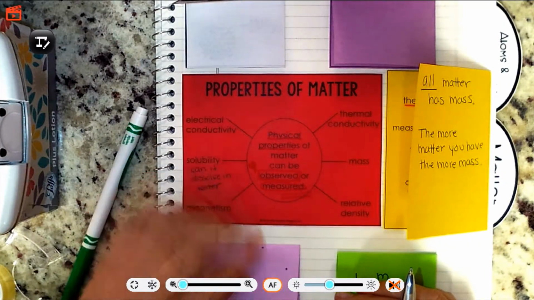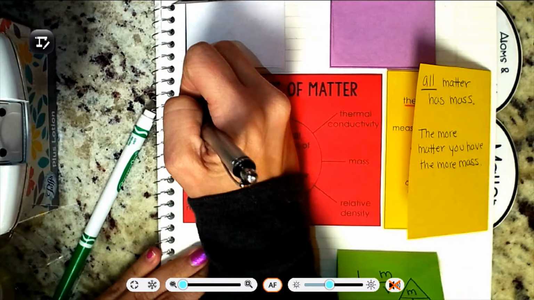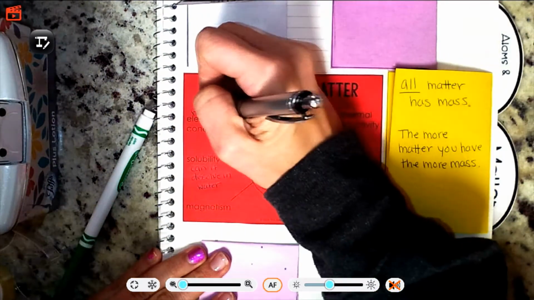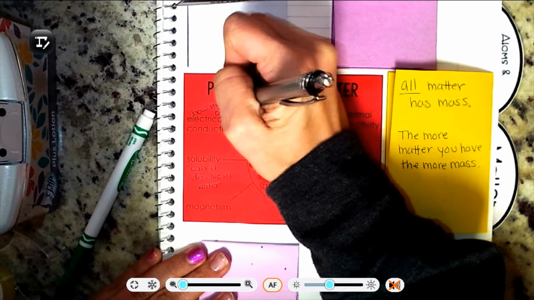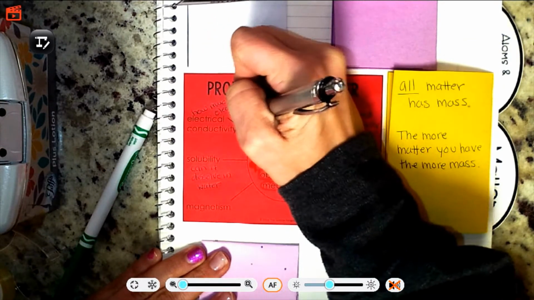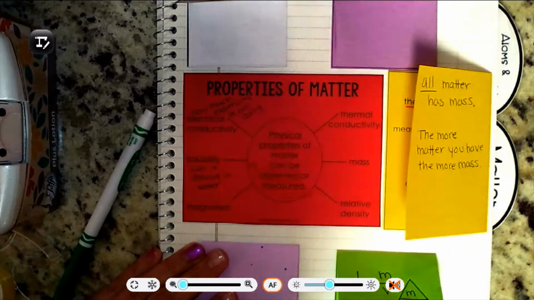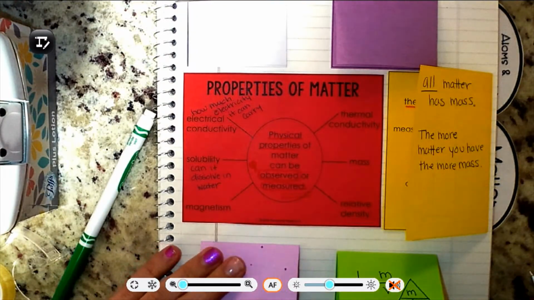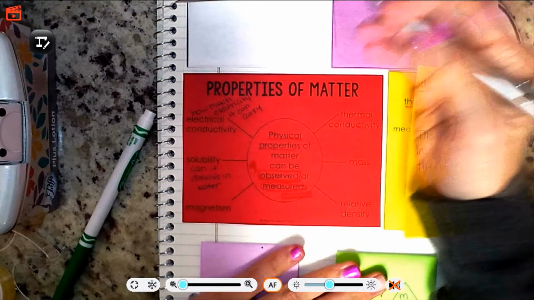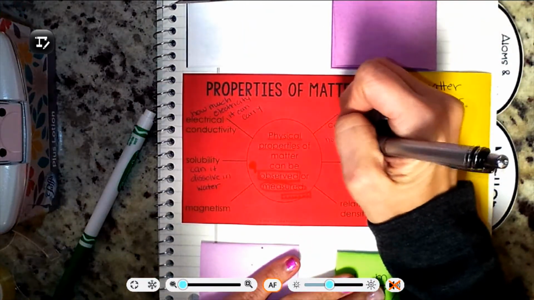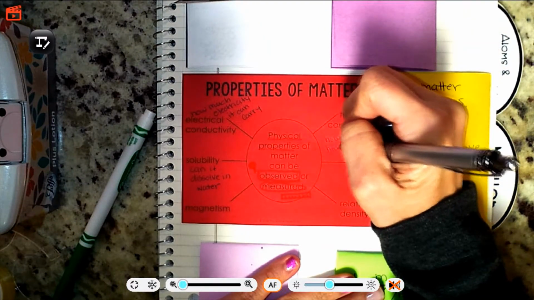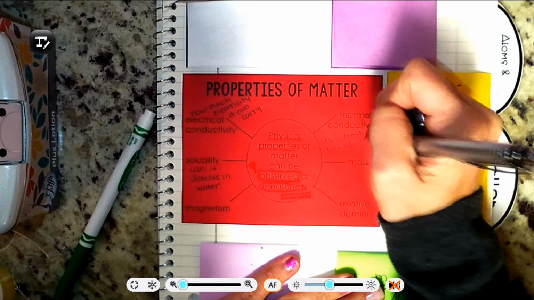Electrical conductivity is how much electricity it can carry. And then we've got thermal conductivity, which is very similar to electrical, except that it's thermal. So this is going to be how much heat can it hold?